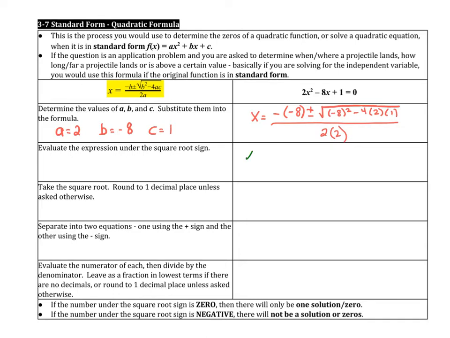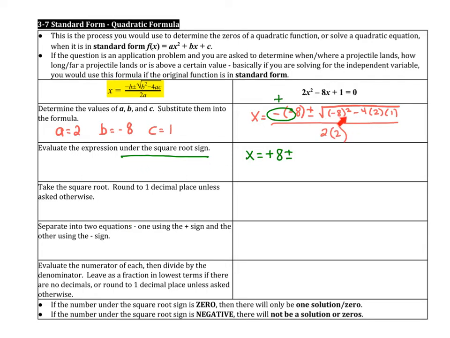Now when we go to the next step, you want to remember that when you subtract a negative, that is going to turn into a positive. So that becomes +8, or you could just write 8, plus or minus. And this is where most people will make their mistake, if they're going to make a mistake, this is where most people make it. The part under the square root sign.